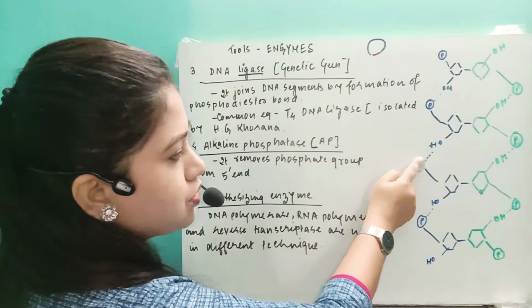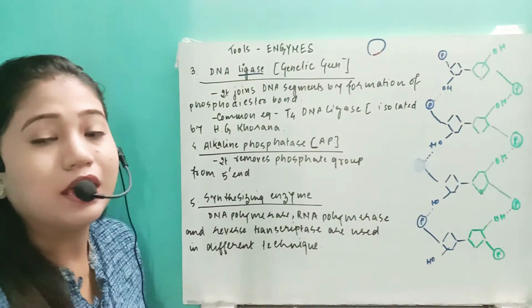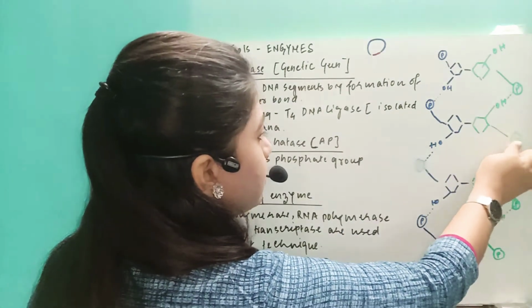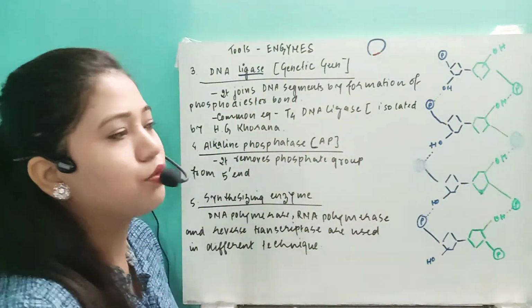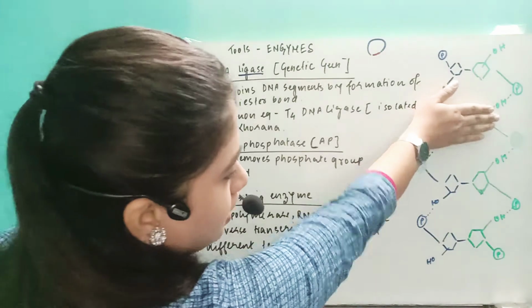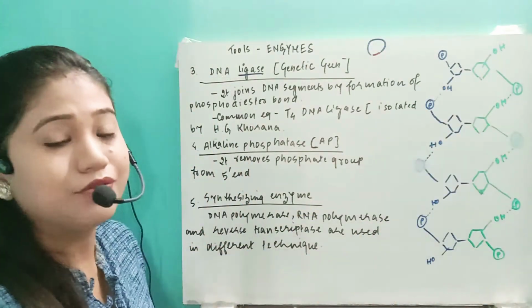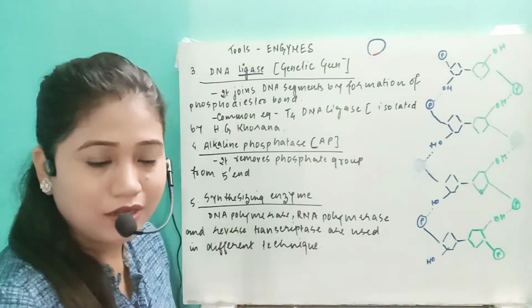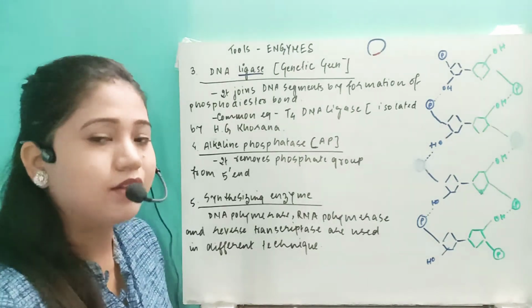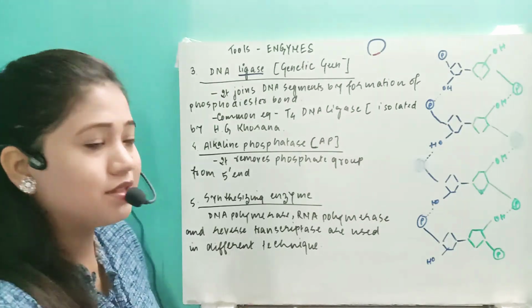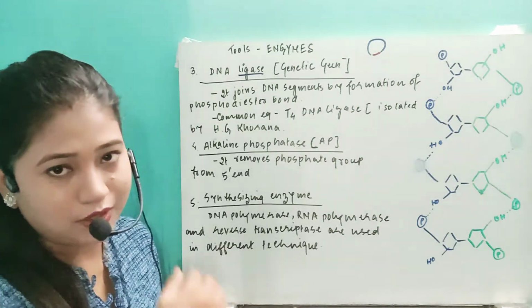If this phosphate group and this phosphate group are removed, then this segment will be a different segment and this will be a different segment. After that, even if they are present close to each other, they will not be able to form any bonds. The reason is they don't have the phosphate.